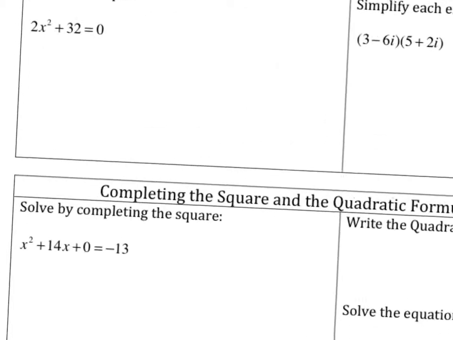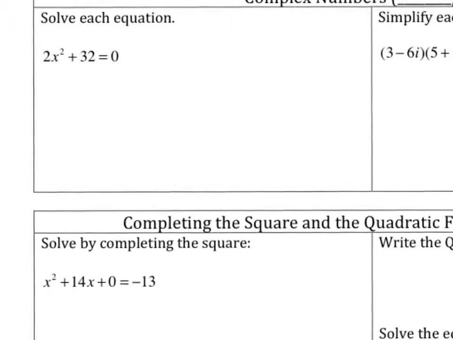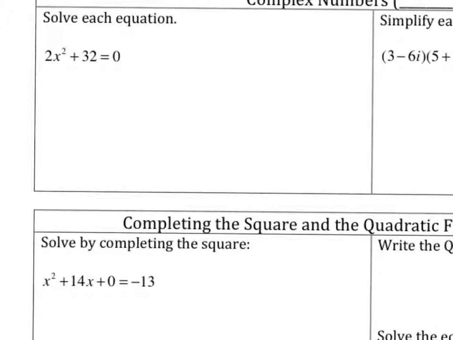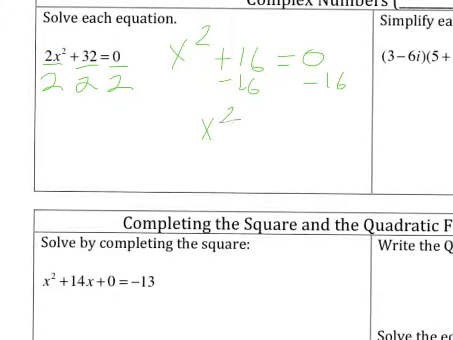Now we're entering the world of complex numbers. First thing I have is a quadratic that with only an x squared I could probably get away without actually factoring. I notice that both of those guys are even. I could divide everything by 2, and I get x squared plus 16 equals 0, minus 16 to the other side, and I get x squared equals negative 16.